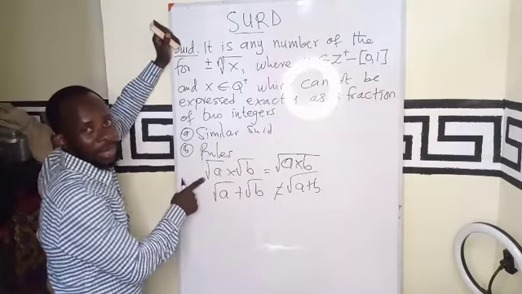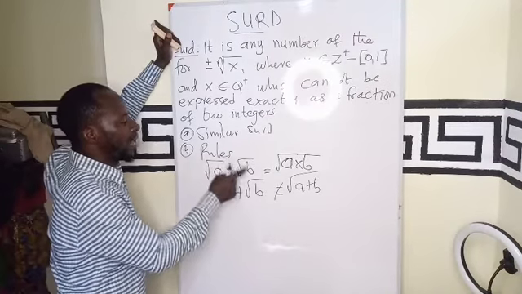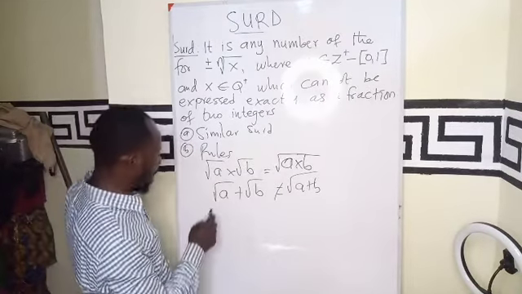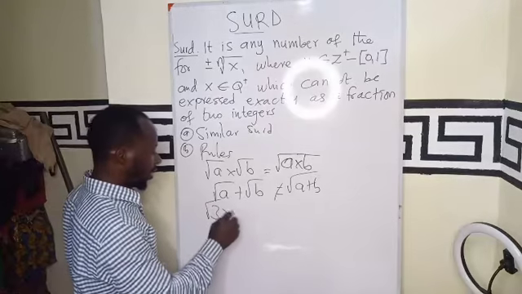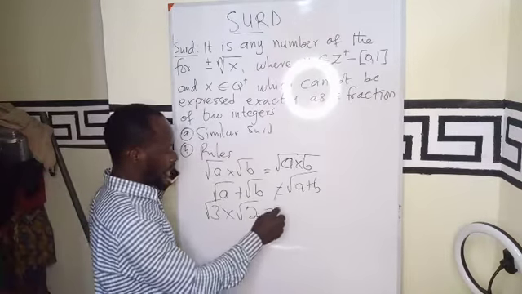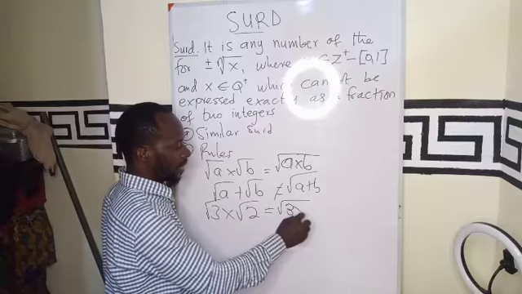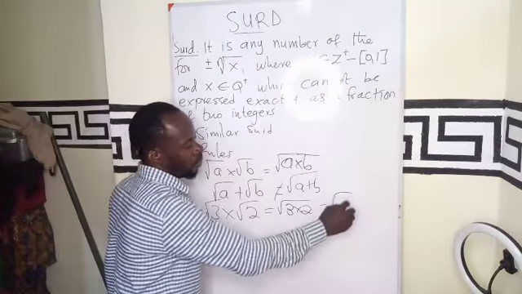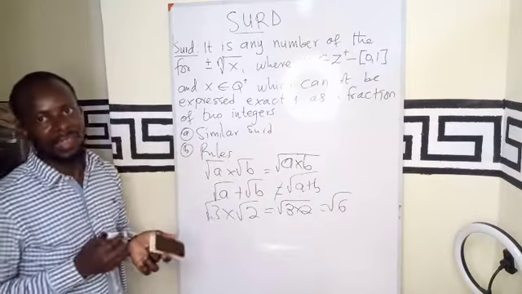It is only in multiplication that we multiply the radicands together. So if I have root 3 times root 2, I can multiply this to become root of 3 times 2, which is root 6.